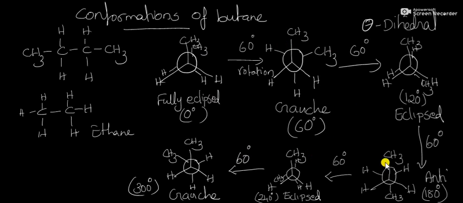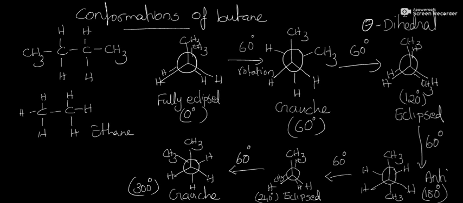Obviously, the fully staggered conformation, that is anti-conformation, is more stable than all other conformations. Here the two Gauche forms are non-superimposable mirror images of each other. Similarly, the two eclipsed conformations are non-superimposable mirror images.